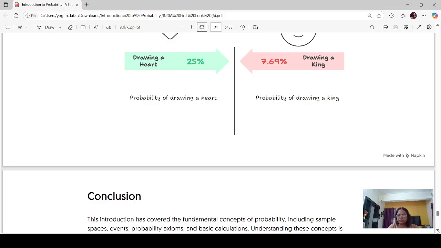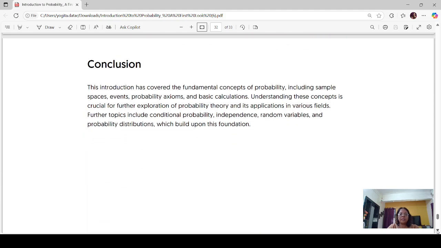Now, with this, we have understood the fundamental concepts of probability: what is a random experiment, how to find the sample space, what are the events, what is the relationship between sample space and events, what are the 3 different probability axioms, and how we can calculate very simple probabilities as per the given data.